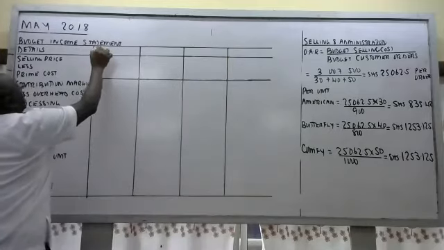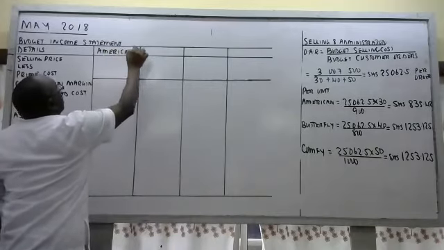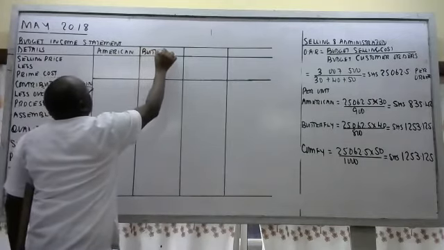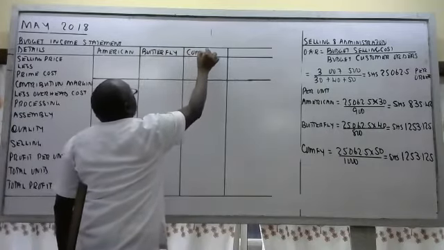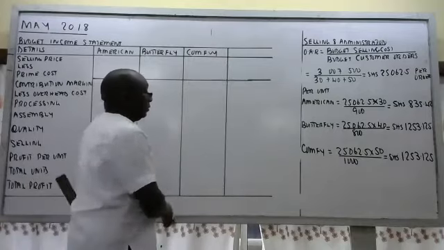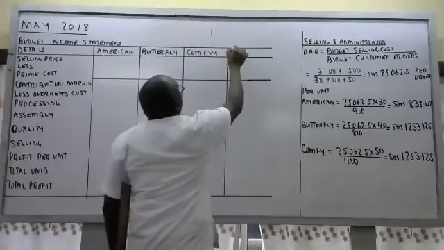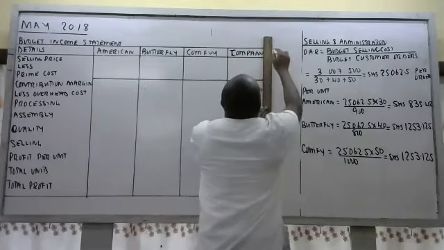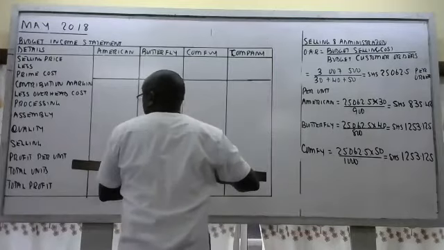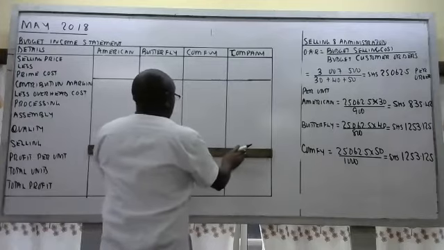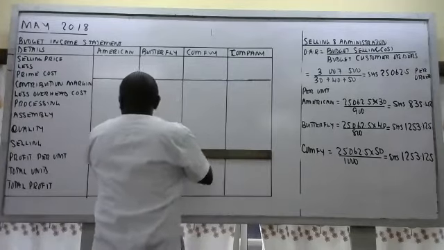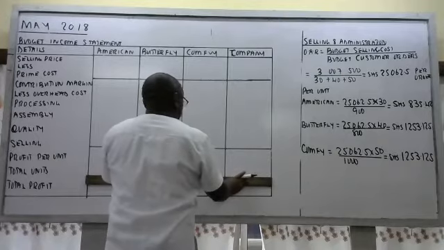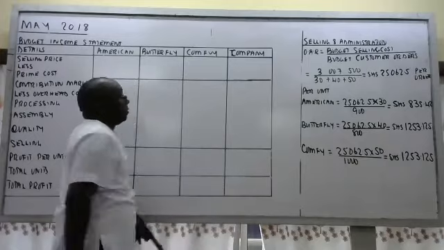So here I have American. I have butterfly. I have comfy. And then the company.